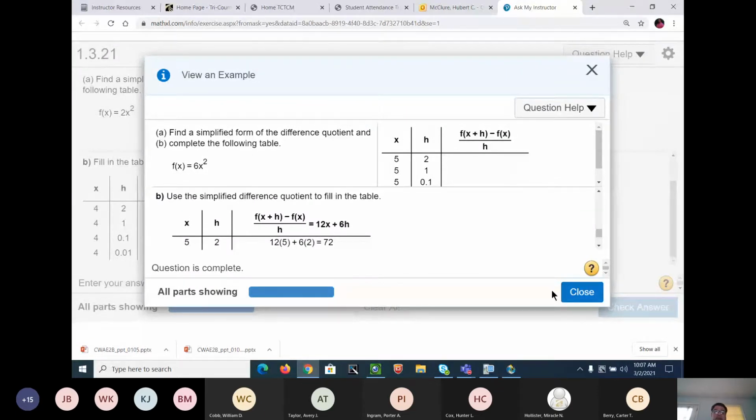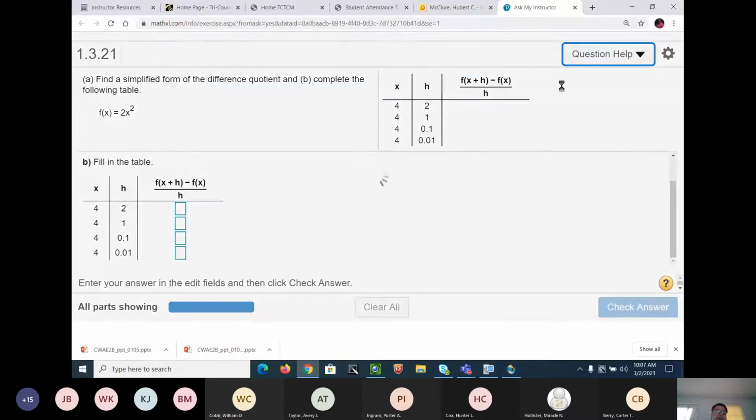That's what they're doing, and that's what you've got to do. So let's go over here. We've got 4x plus 2h.